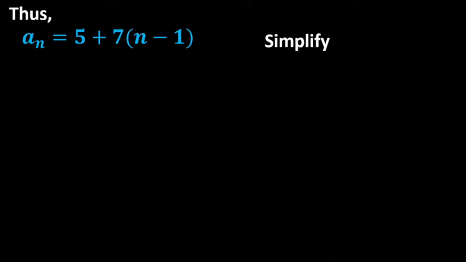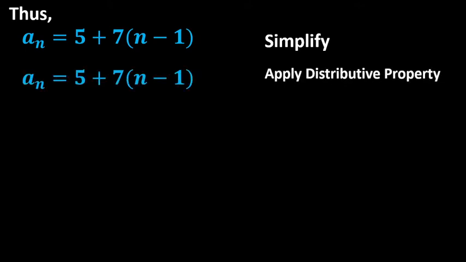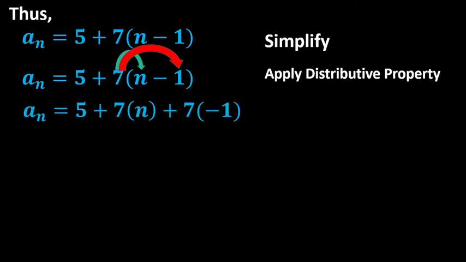A sub n is equal to 5 plus 7, quantity n-1. Step 1, you have to apply distributive property, in which you have to distribute 7 to n, distribute 7 to negative 1. So, ano yon? 7 times n plus 7 times negative 1. So, magiging 7n plus 7 times negative 1.